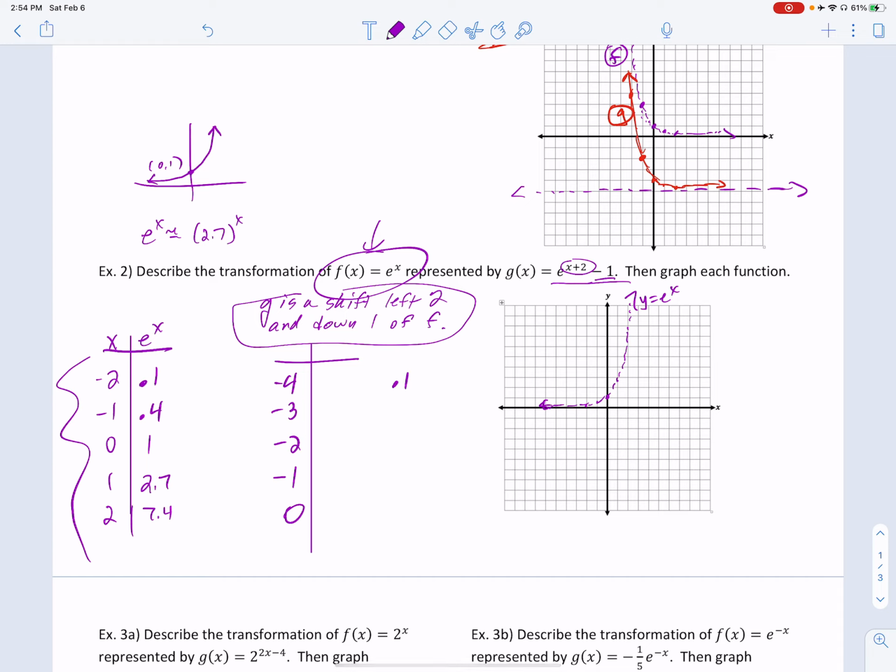So 0.1 minus 1 is -0.9. 0.4 minus 1 is -0.6. 1 minus 1 is 0. 2.7 minus 1 is 1.7. And 7.4 minus 1 is 6.4.